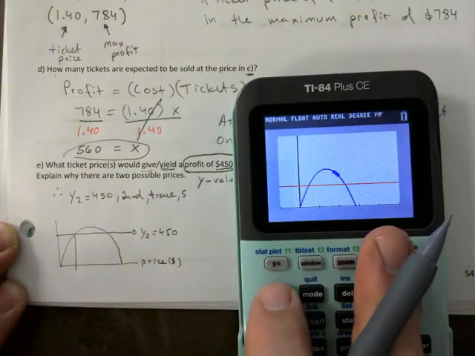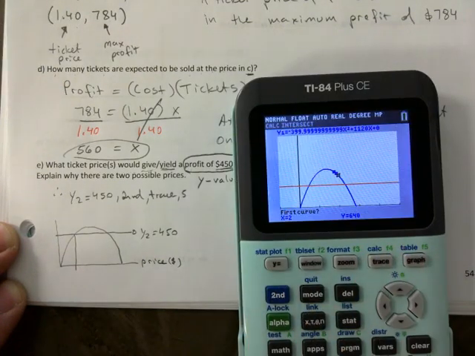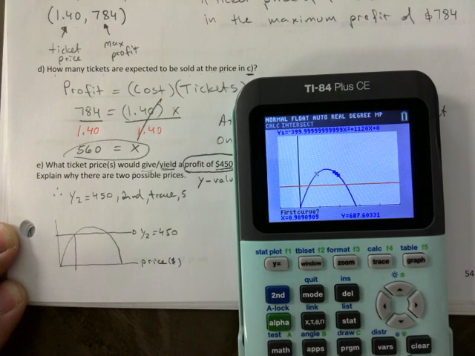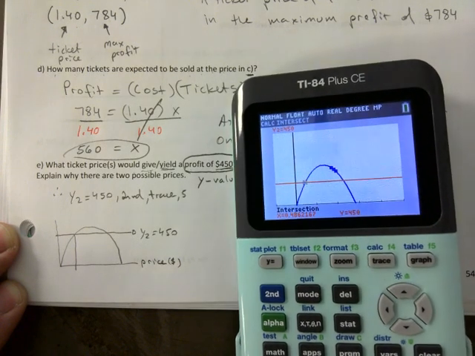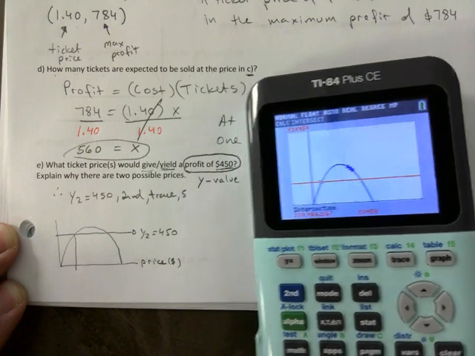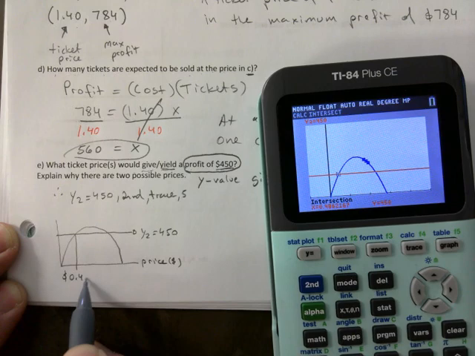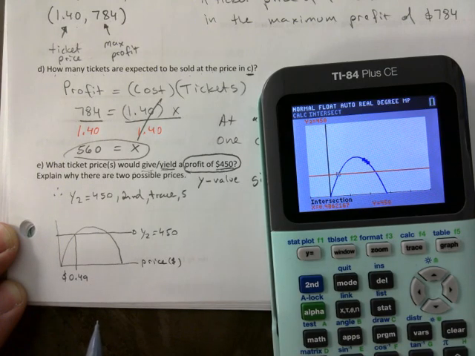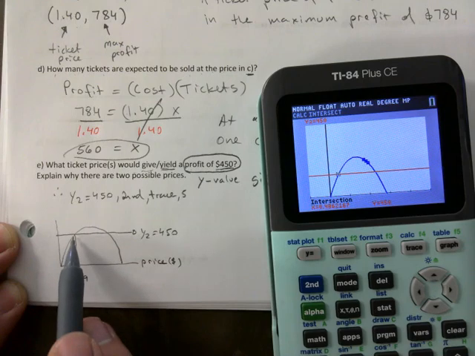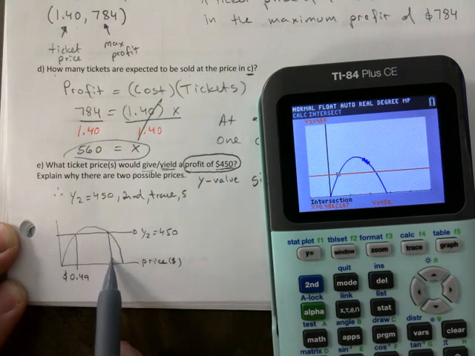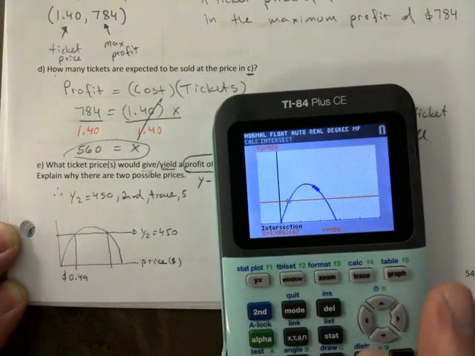The first instance happens at second trace 5. Enter, enter, enter. 0.49. So 49 cents per ticket will get you to 450. Or you can go over to the other side and see what happens there.